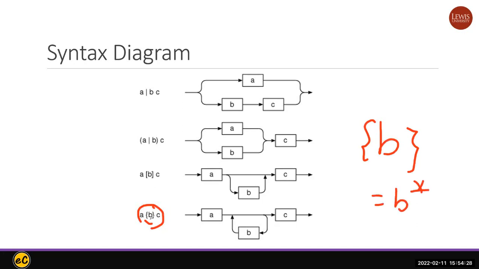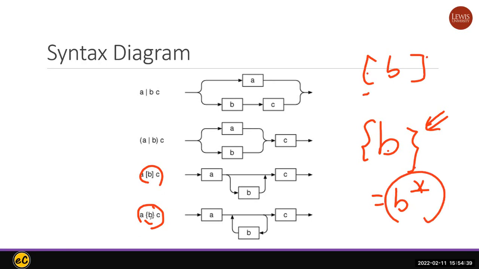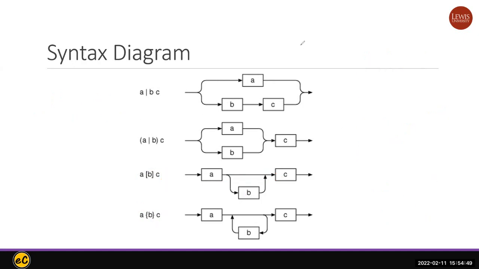And B in brackets means B or the empty string, 1 or 0 times, so you can bypass it.